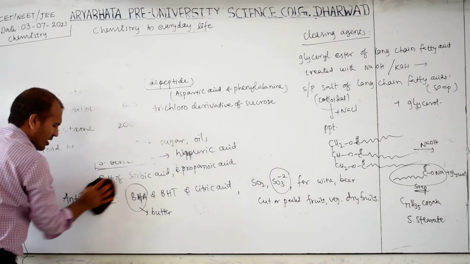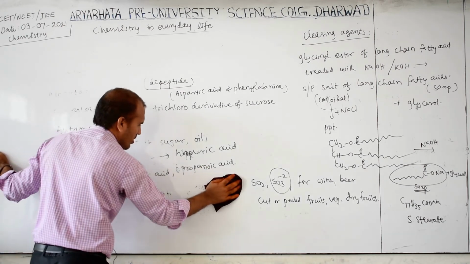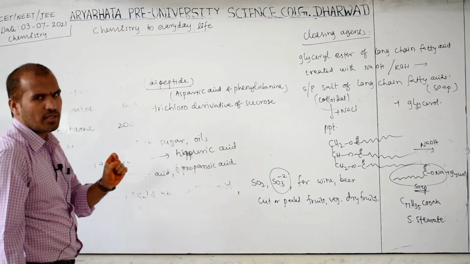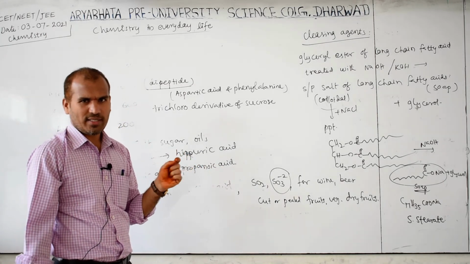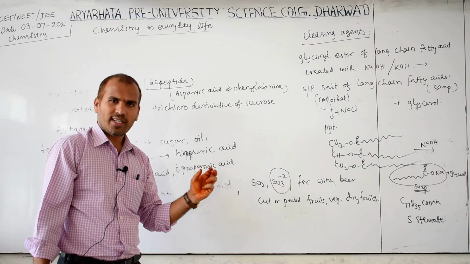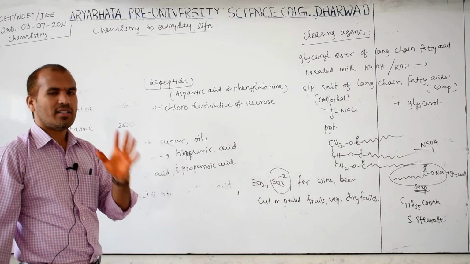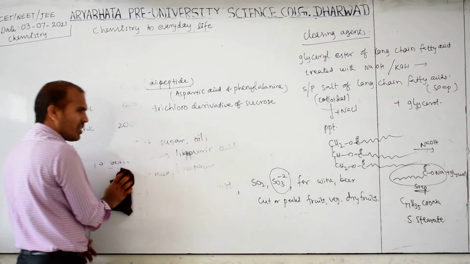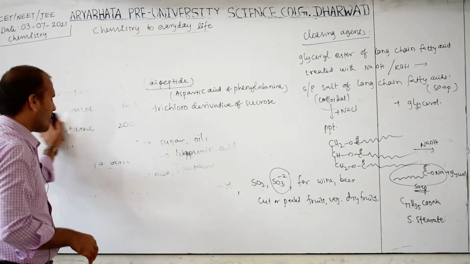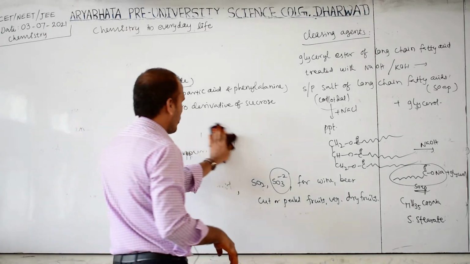Detergents are generally sodium or potassium salts of sulfonic acid. Soaps are sodium salts of long chain carboxylic acids, fatty acids. Carboxylic acid salts are soaps, sulfonic acid salts are detergents. That you have to remember. What is the difference between soaps and detergents? Detergents are sodium or potassium salts of long chain sulfonic acid.